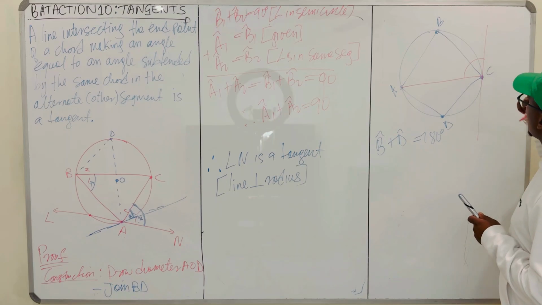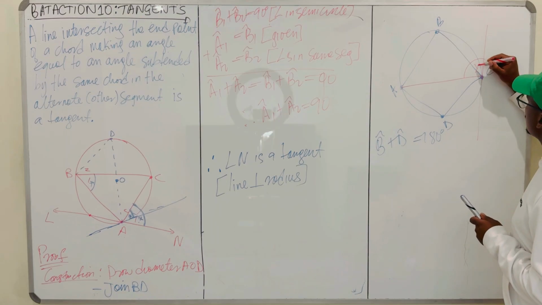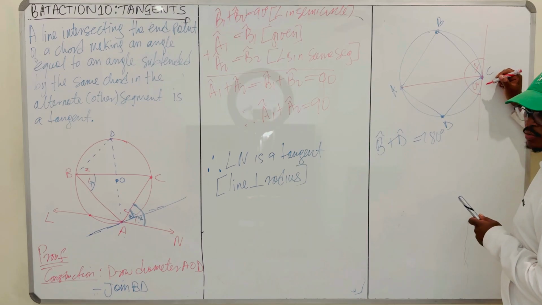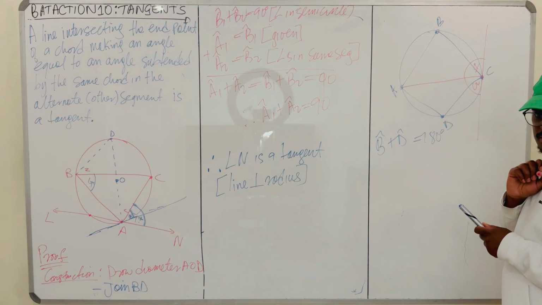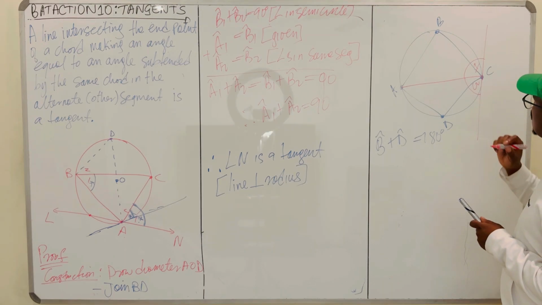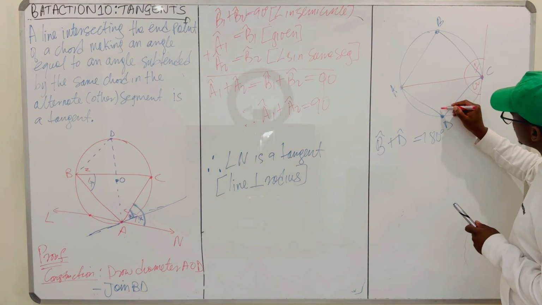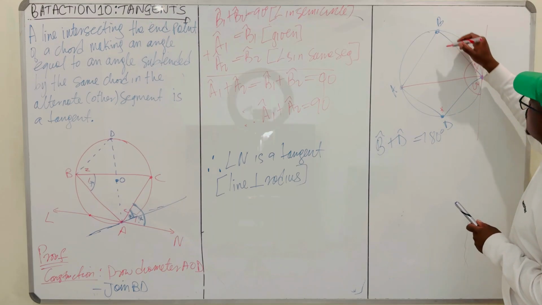This angle here, let's call it C1, and this one, I'll call it C2. AC is a chord. Do you agree? Yes. So this angle is equal to C1, and this one is equal to C2.